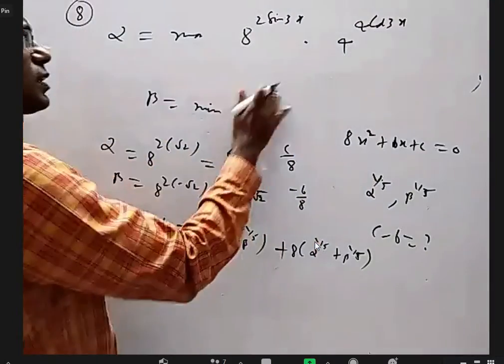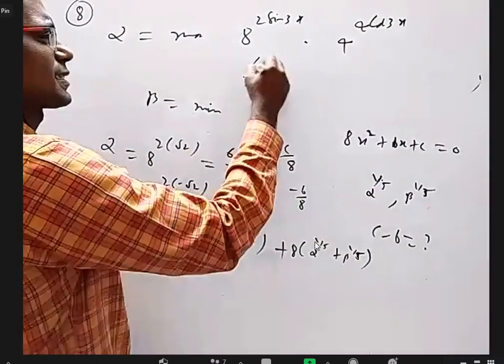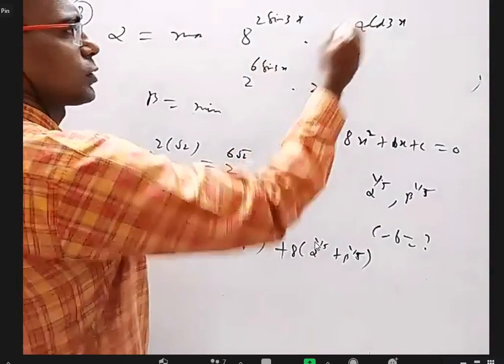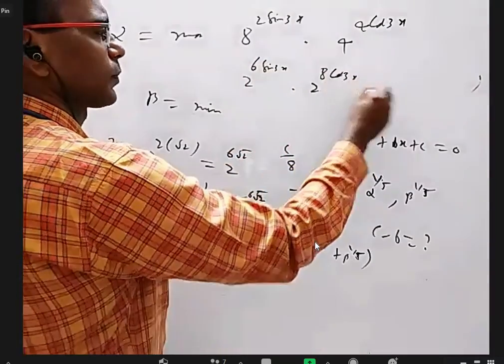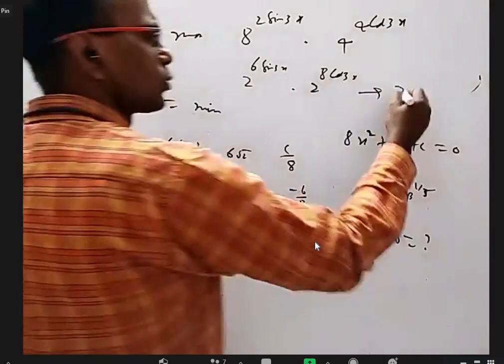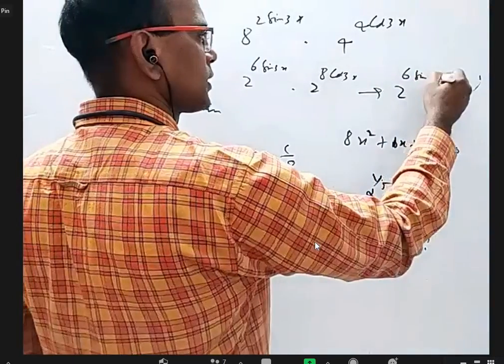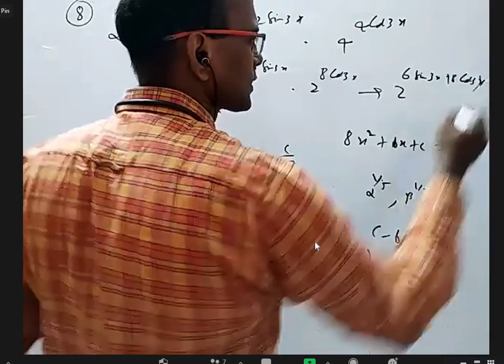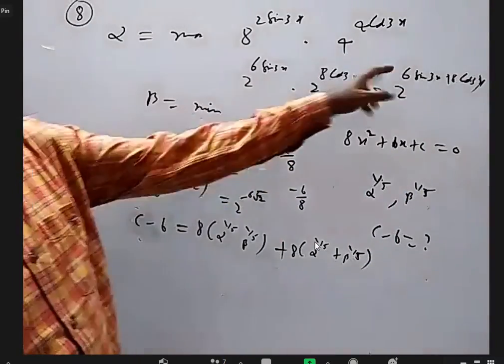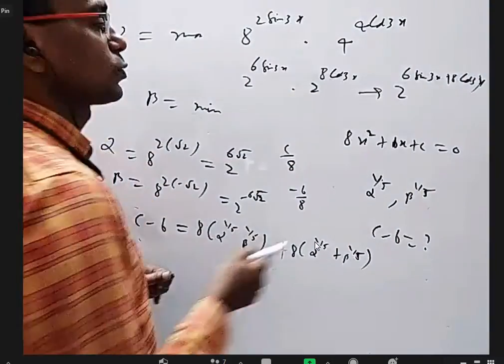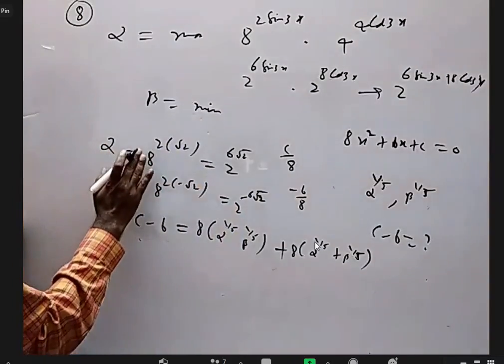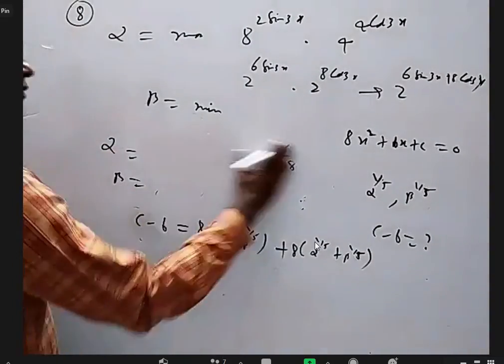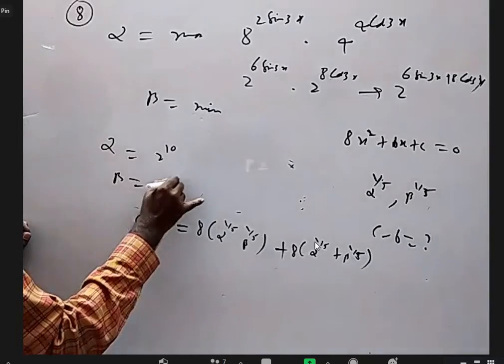So let me write this as 2 power 6 sin 3x and this is 2 power 8 cos 3x. Now it is easy, because 2 power 6 sin 3x plus 8 cos 3x. Root over 6 square plus 8 square is the maximum value, which is 2 power 10. So alpha is 2 power 10, beta is 2 power minus 10.